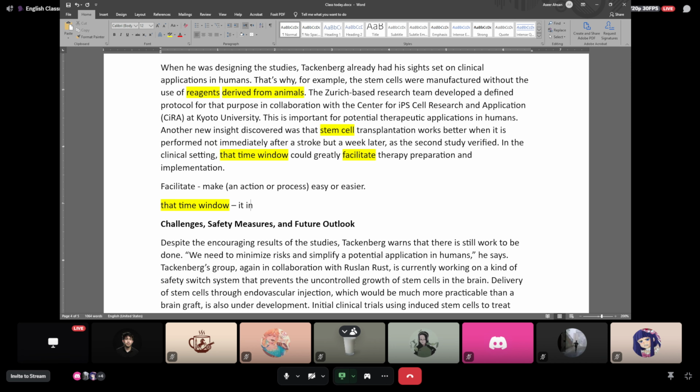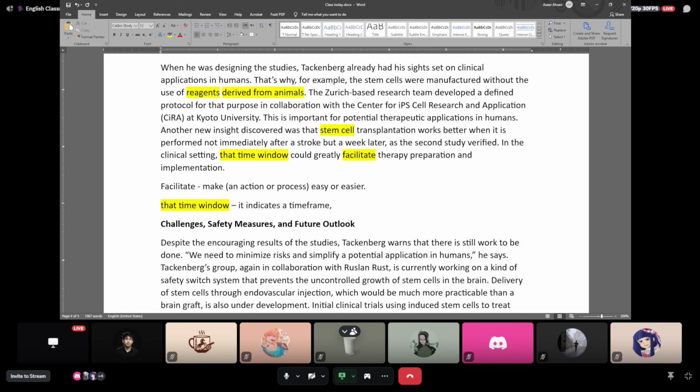Do you know the meaning? If you don't, it's completely fine. It indicates a time frame. Time window means a time frame from a particular time to another particular time.